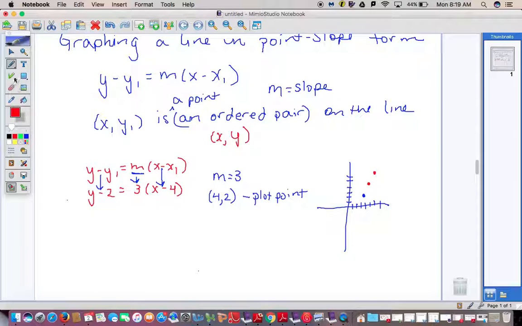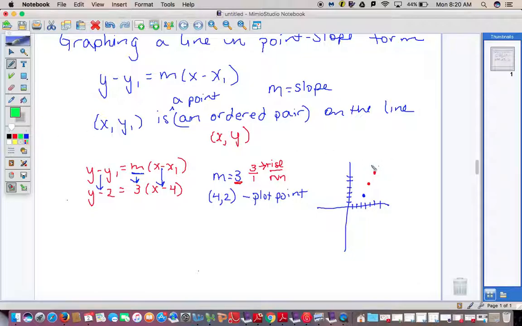And what you'll see is that you should have a line. We're still using what we've learned from slope-intercept form, where our slope is simply a fraction, and we know that we've got rise over run. So we're going to move up 3 and then to the right 1. And once you have a few points on here, you can draw your line.